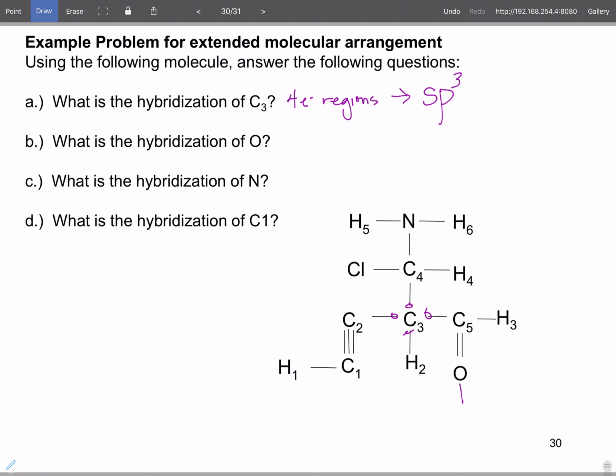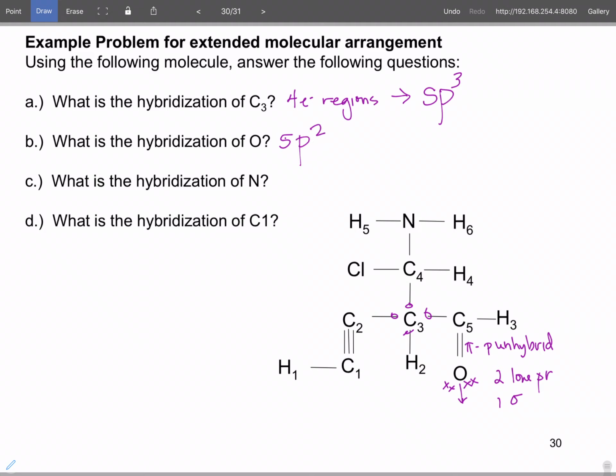The oxygen here, remember, you have to account for the lone pairs. So here we have 2 lone pairs and 1 sigma bond, or 1 electron region. That means we have to have a pi bond, so we need 1 unhybridized p. Since we only need 3 hybrids, we'll have an sp2.